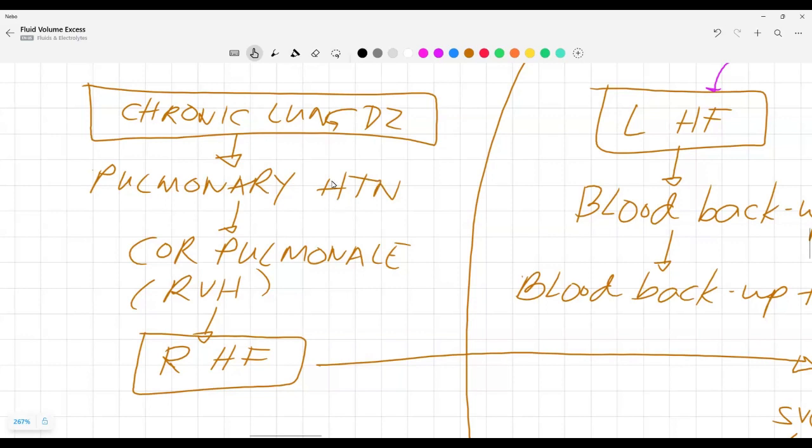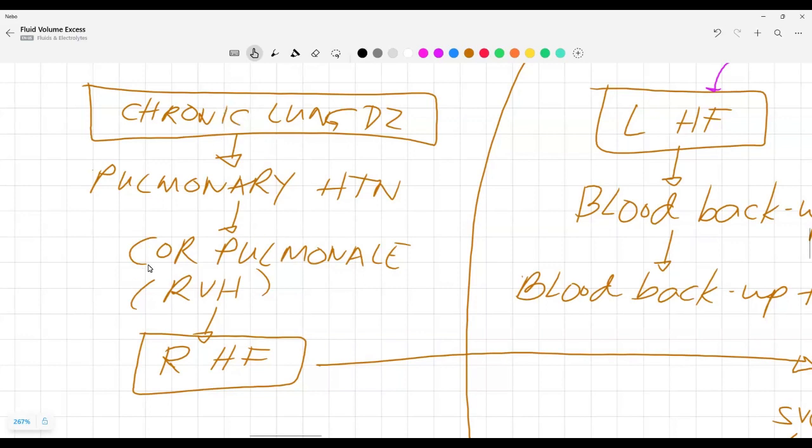So then if there's pulmonary hypertension, which is again high pressure in the pulmonary arteries, then that backs up to the right ventricle, and enlargement of the right ventricle or right ventricular hypertrophy is called cor pulmonale. So cor pulmonale is a direct effect of chronic lung disease.